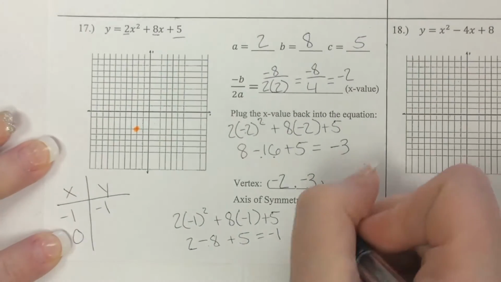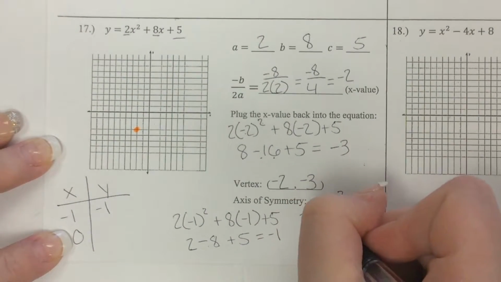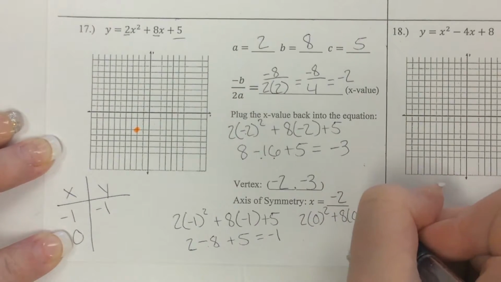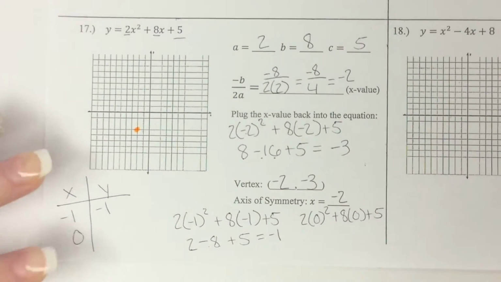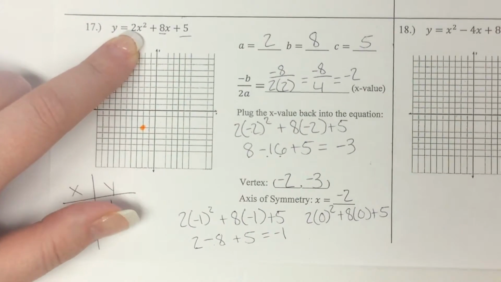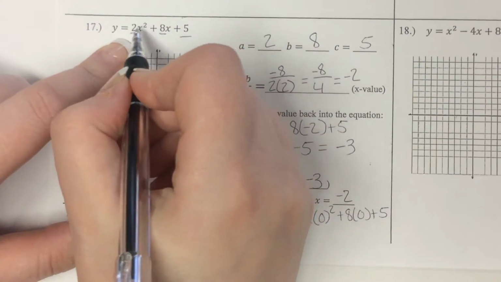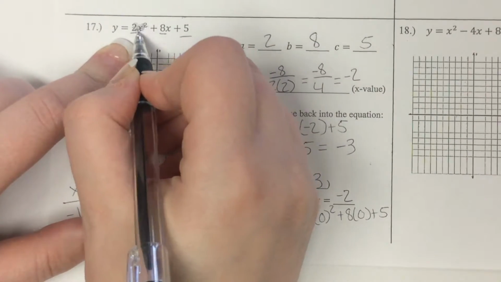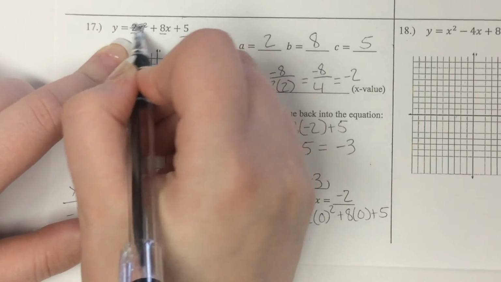How about 0? 2 times 0 squared plus 8 times 0 plus 5. It's really nice when your x value is 0, because when you plug it back in, I hope you're noticing something. These first two end up not mattering, because if x is 0, anything times 0 is gone.